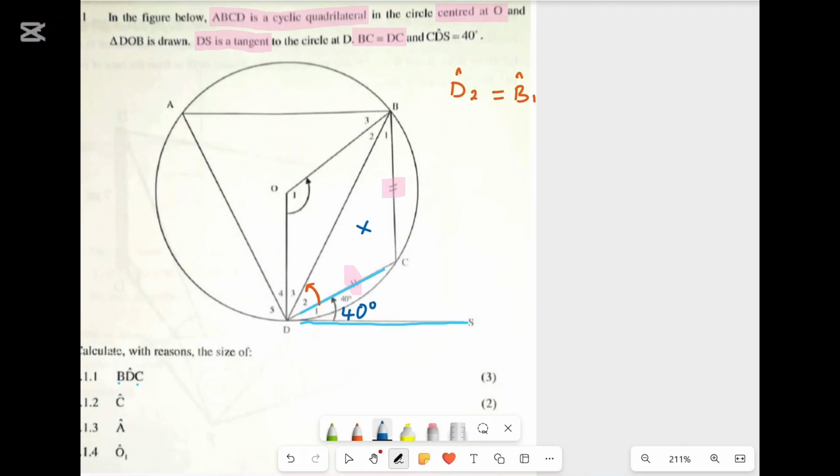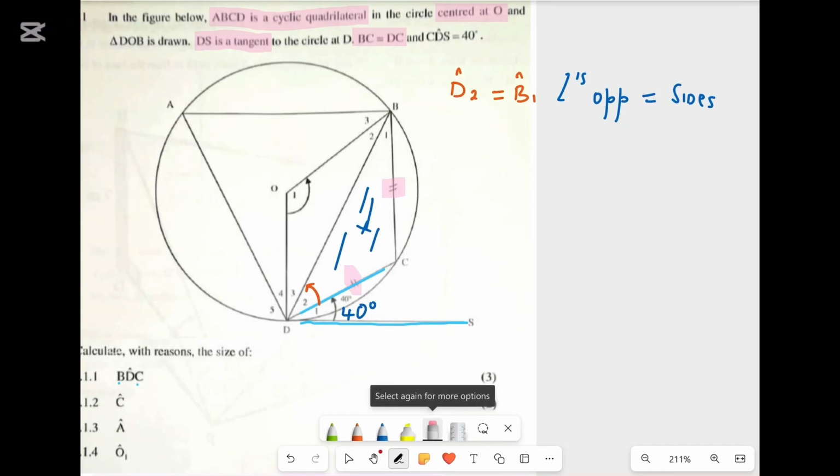Why is angle D2 equal to angle B1? Now, you can see that we have an isosceles triangle. So these are angles opposite equal sides, because we are told that DC is equal to BC. But now you can see again that there is angle B1.